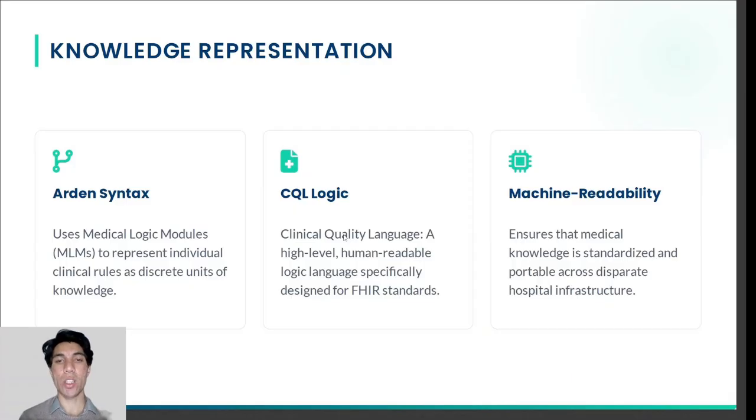It is a high-level, human-readable logic language. It is specifically designed for modern FHIR standards. FHIR is a fast, high-interoperability rule. This is the global standard currently for EHR. So the importance of these is that they ensure that medical knowledge is standardized and portable across disparate hospital infrastructure.